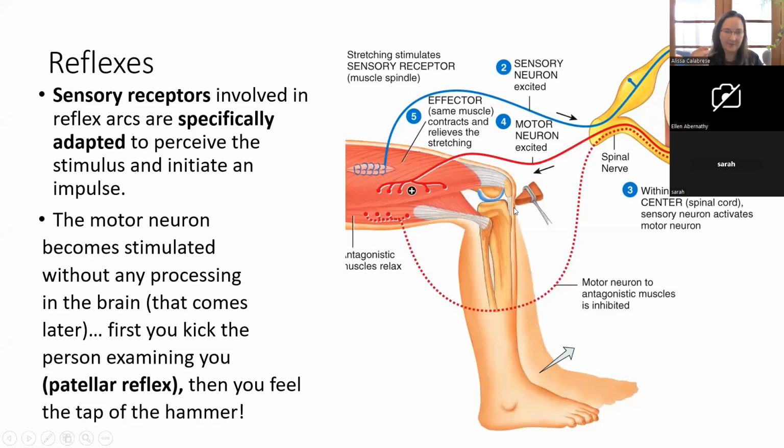What's happening is if you put pressure on that patellar ligament, it stretches the quadriceps muscles, and stretch receptors in those muscles will tell your spinal cord that the muscle is being stretched. The interneuron then sends that information back around to a motor efferent in the quadriceps and basically causes you to kick, right? And all of that happens before the sensory information has reached the brain. So your leg is kicking before your brain even realizes what's happened.